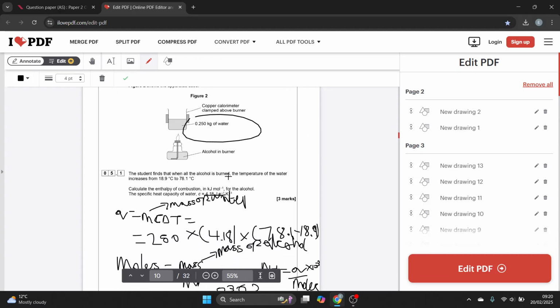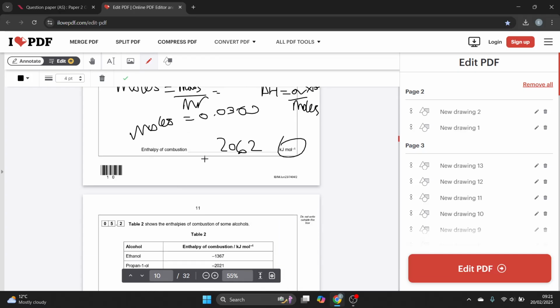But because I know the temperature has increased, I need a negative. It's exothermic as the temperature increases.